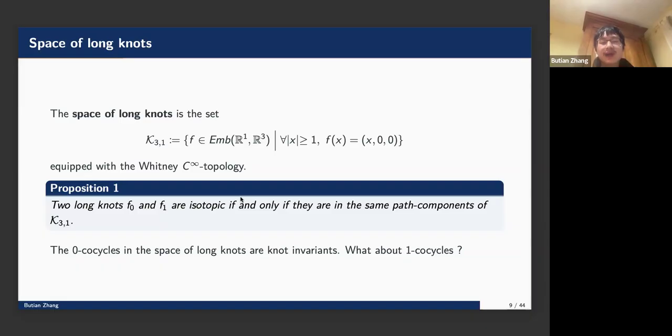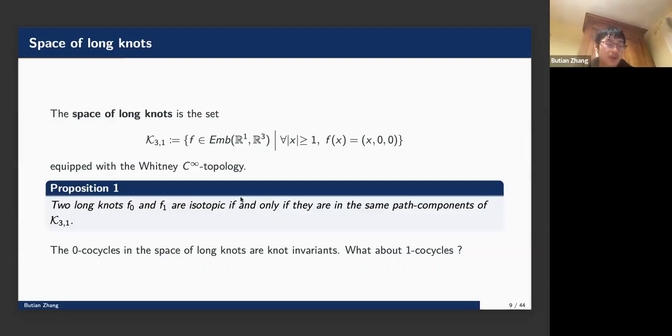So it turns out that the zero cocycles of this space are exactly the knot invariants. So now a natural question is: what if we go one step further, what about the one cocycles in this space? The zero cocycles are the knot invariants, and then one cocycles.